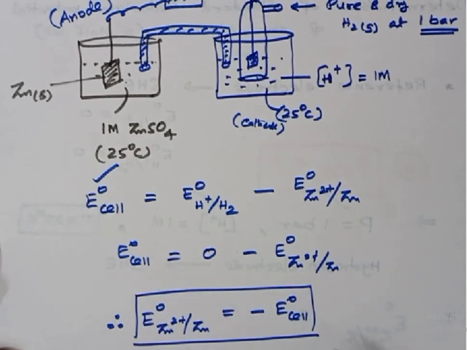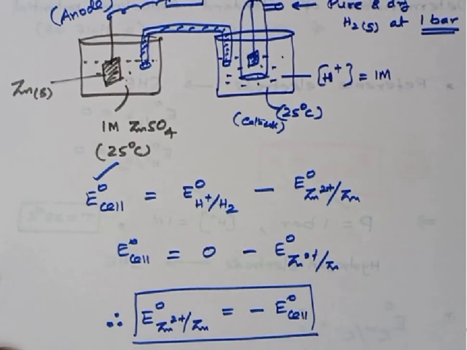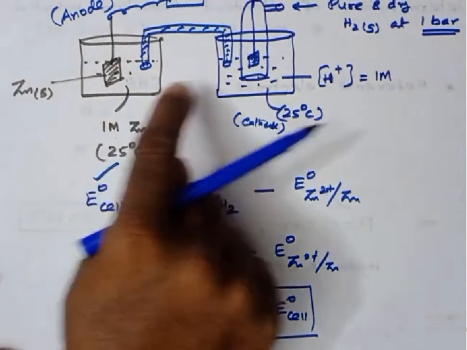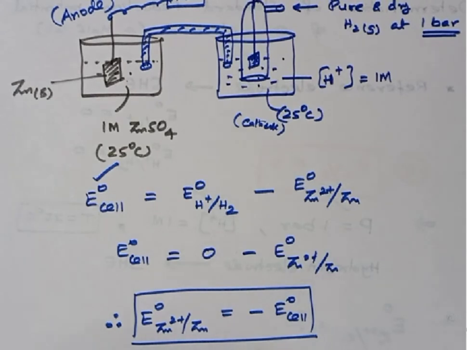It's very simple actually. So you can measure the standard reduction potential of the zinc electrode by connecting it with the standard hydrogen electrode. Whatever cell potential appears here, you take the minus of that, and you will get the standard reduction potential of zinc. And the exact value for zinc is minus 0.76 volt.